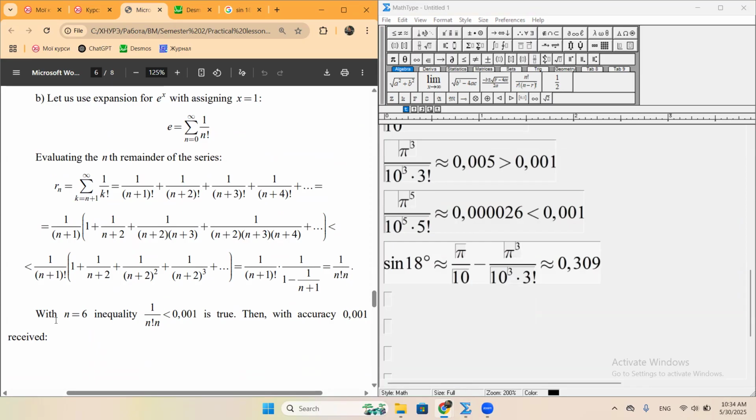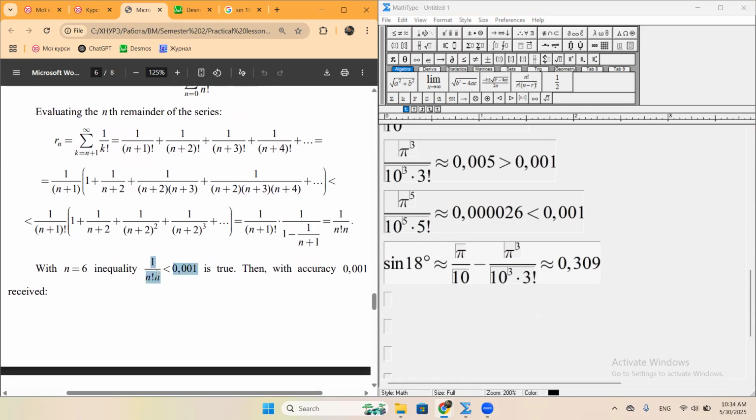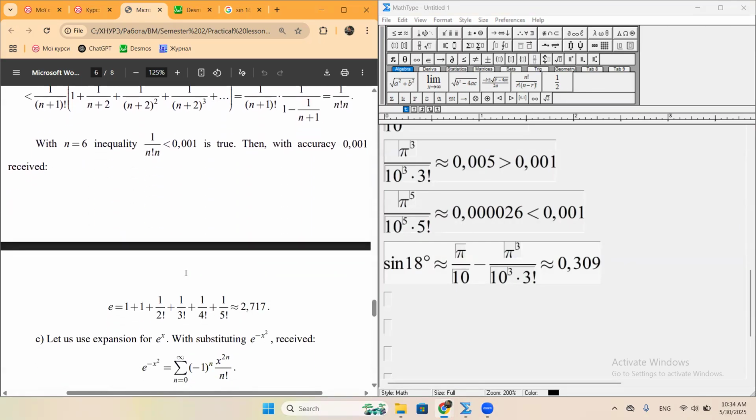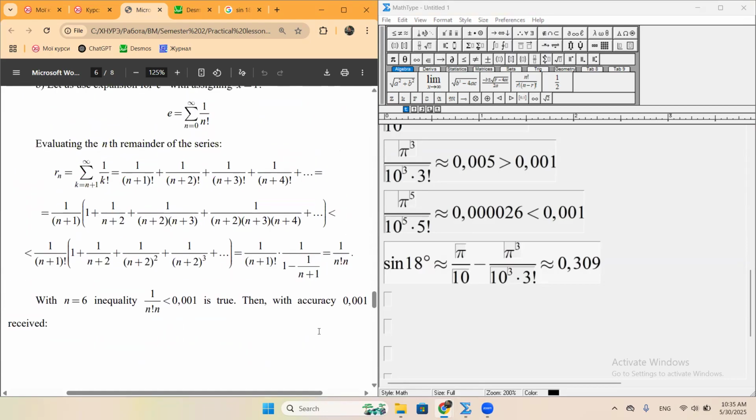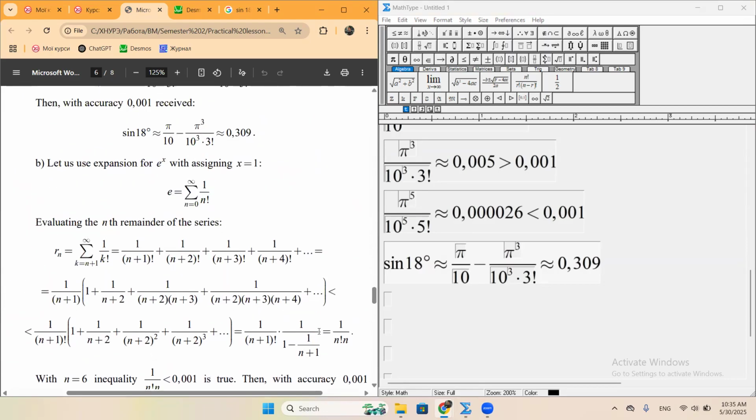And after substituting n equals 6, such inequality is true. So the module of the remainder meets the requirement of accuracy. And after calculating the series, we received the following approximate value. Any questions about 2C or 2B?